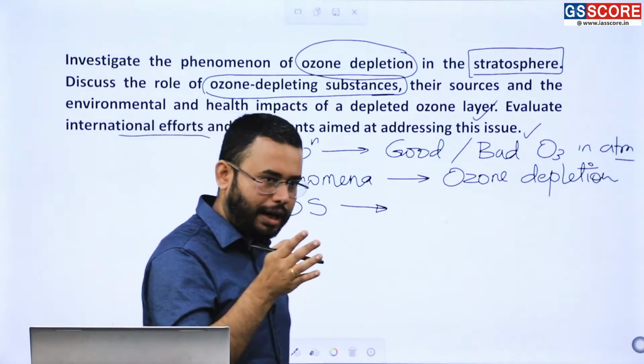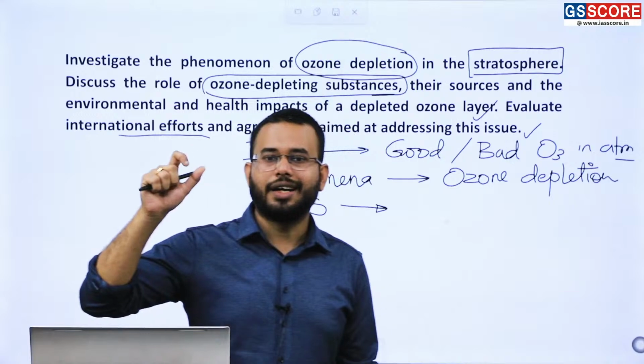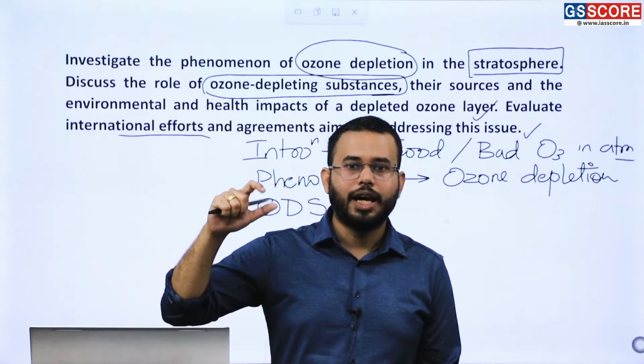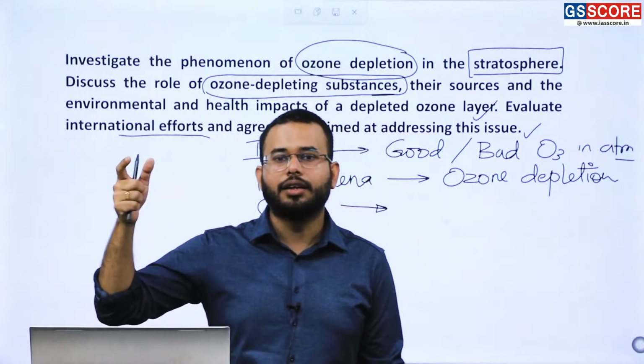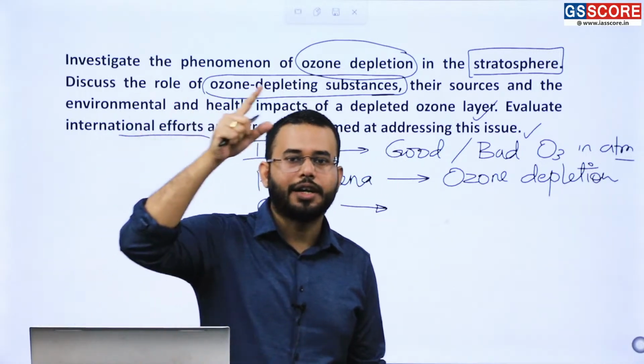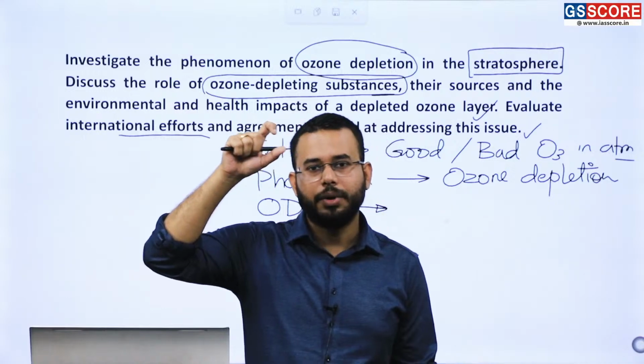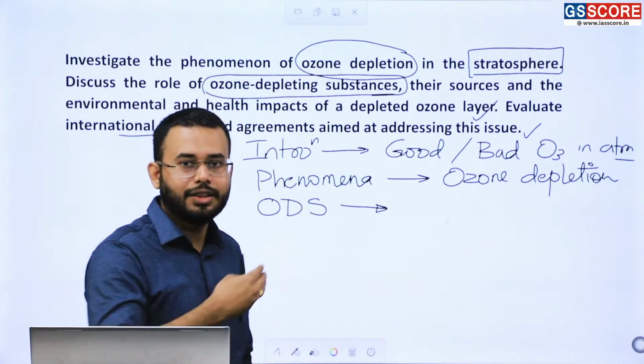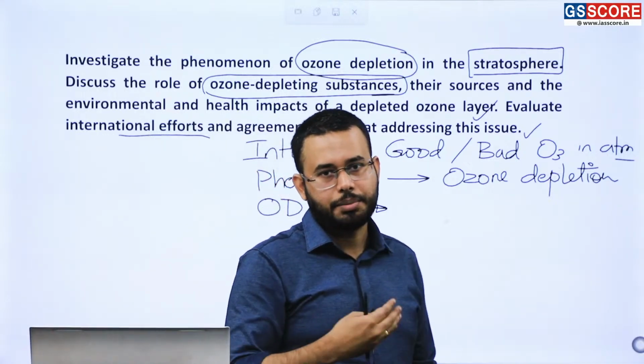As I told you, these substances contain chlorine, bromine and fluorine, which in the atmosphere create free radicals, and those free radicals interact with ozone to deplete the ozone layer. That is the overall impact of these substances.